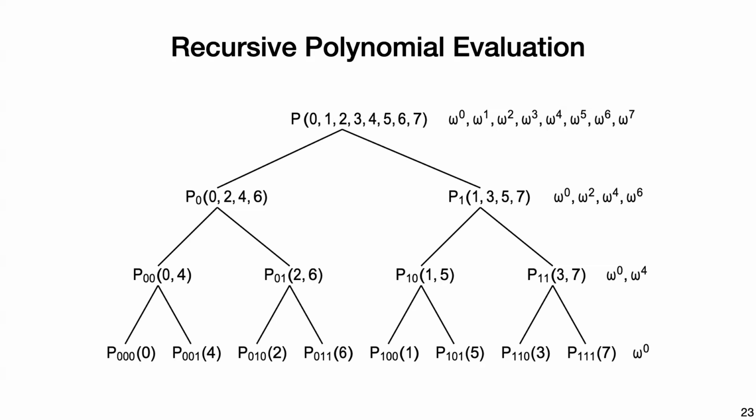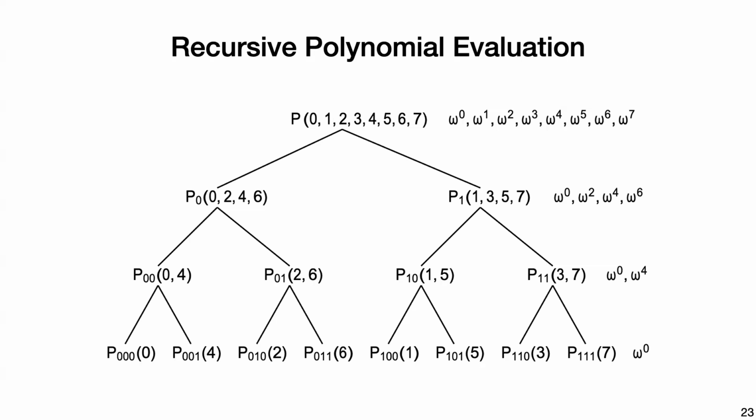And if you further go down, this is the even and the odd part of the even polynomial in the first level of the recursion. So the even parts are every other one, starting from 0, so 0 and 4 here. The odd ones are every other one, starting from 2, so 2 and 6 there.